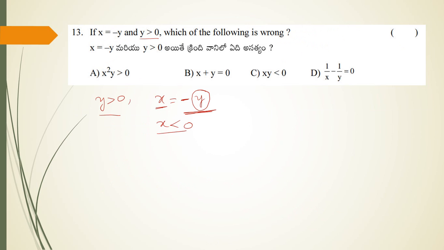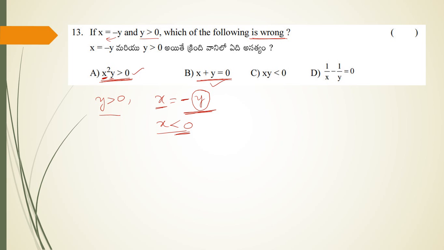Now what is he asking you to find? Which of the following is wrong? Now if you observe the first option, x square y. x square means positive, because x is negative, x square is positive. So positive into positive will give positive. So it is correct. Next, when I transpose this minus to the left hand side, you will get this condition.